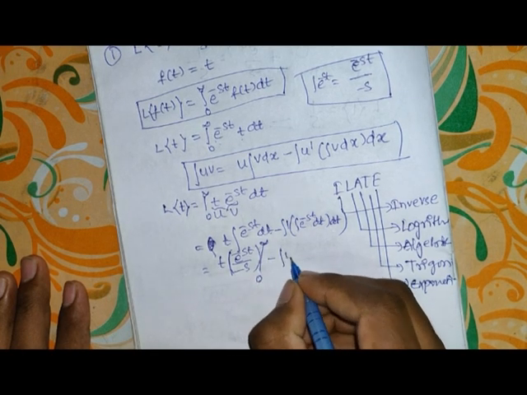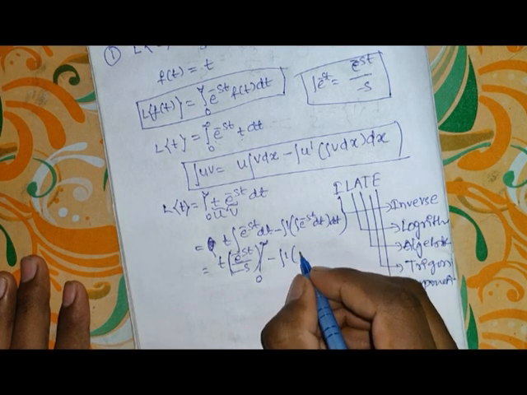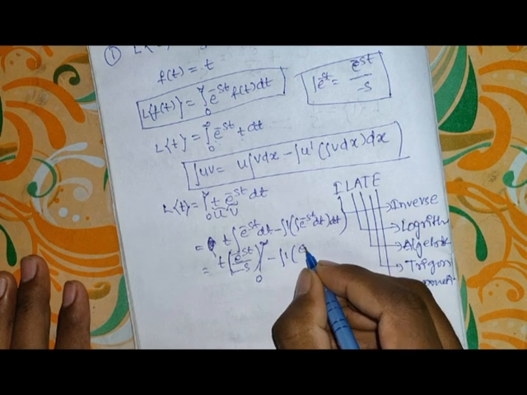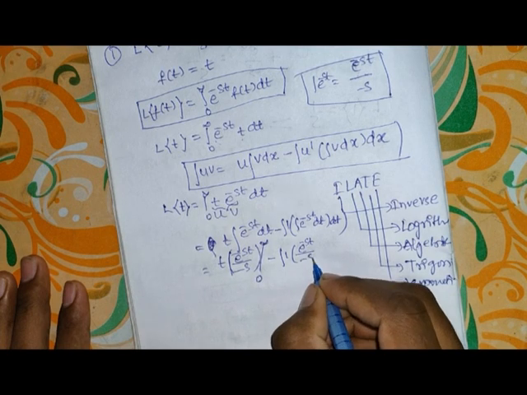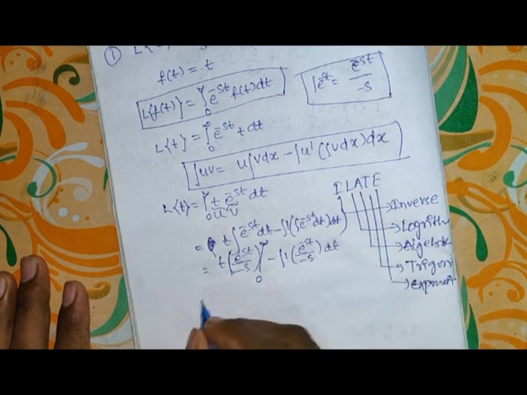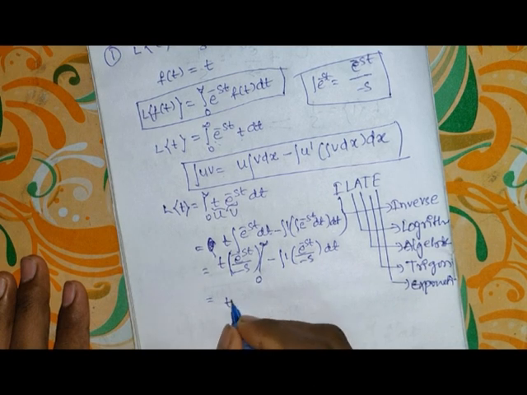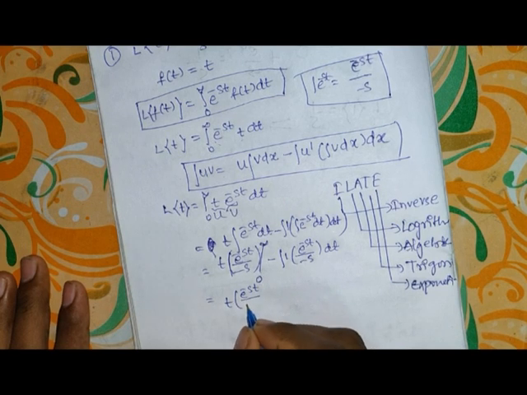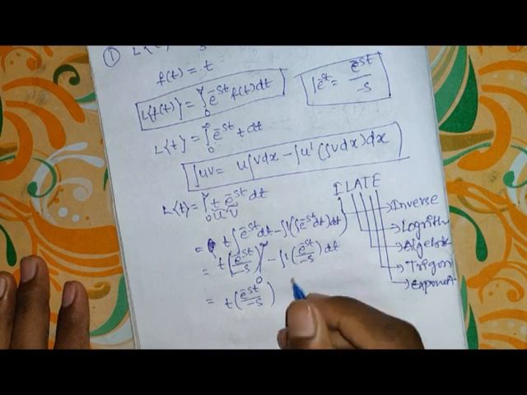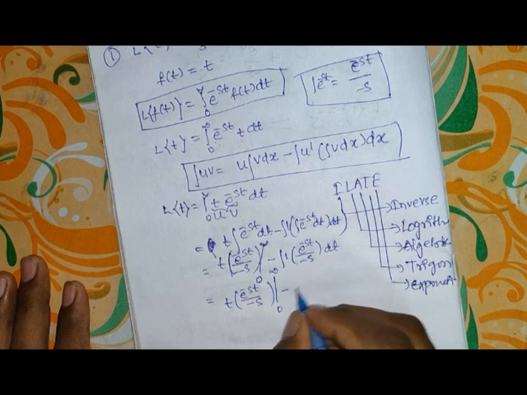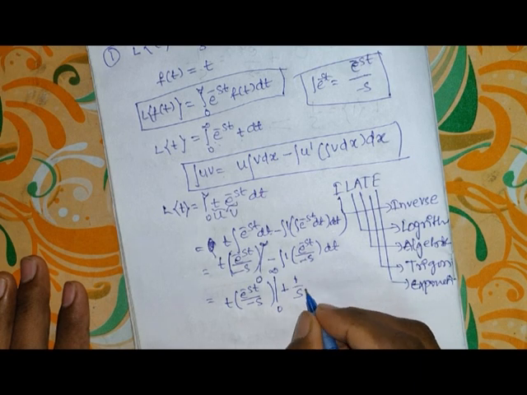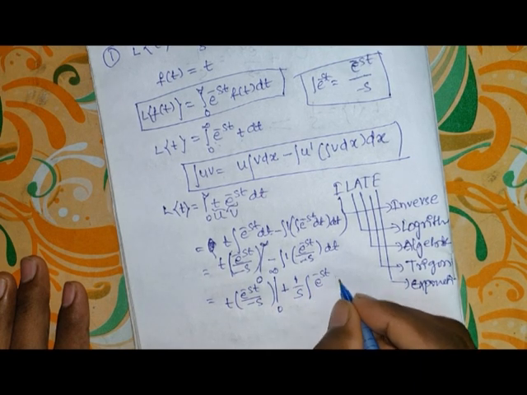And 1 integration of e^(-st) by minus s dt, t e^(-st) by minus s, 0 to infinity. It came minus minus plus, 1 by s came outside, and integration of e^(-st) dt.